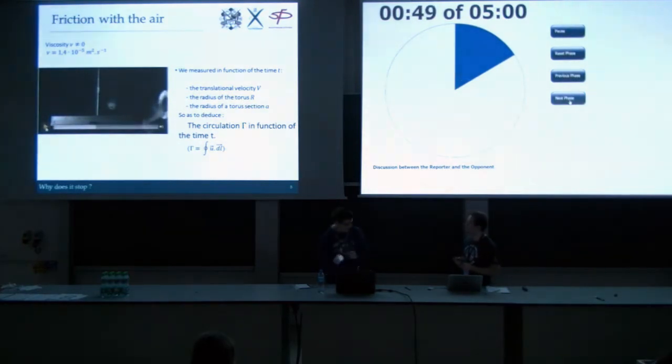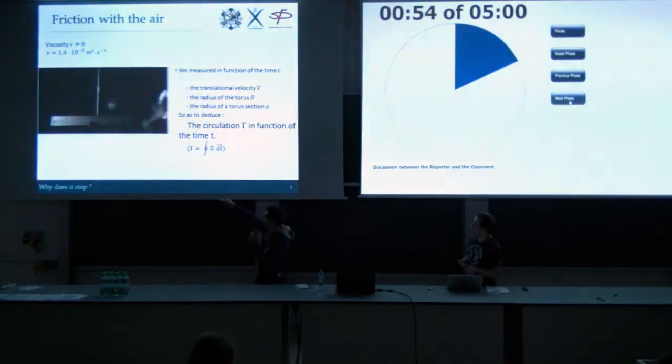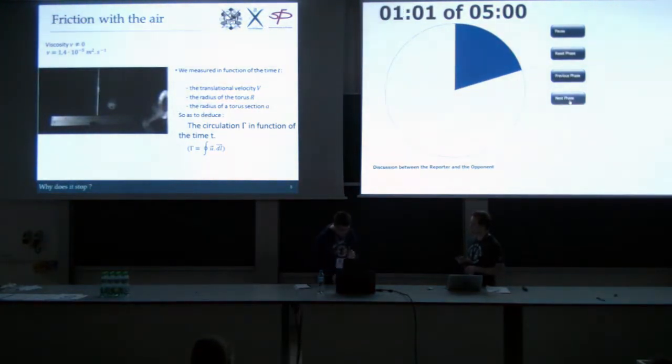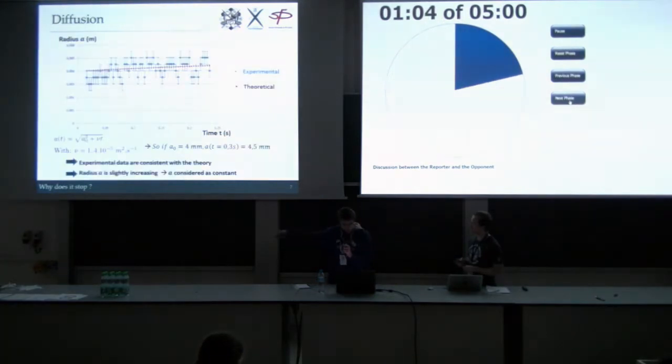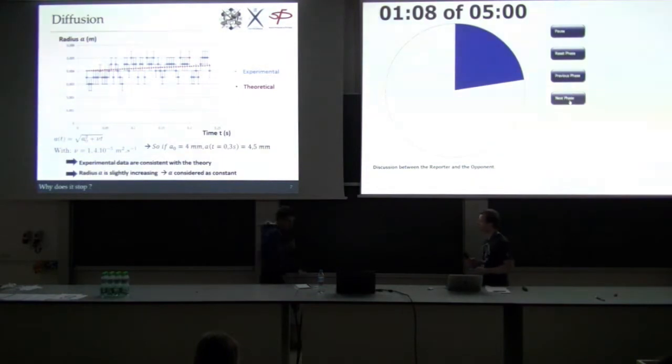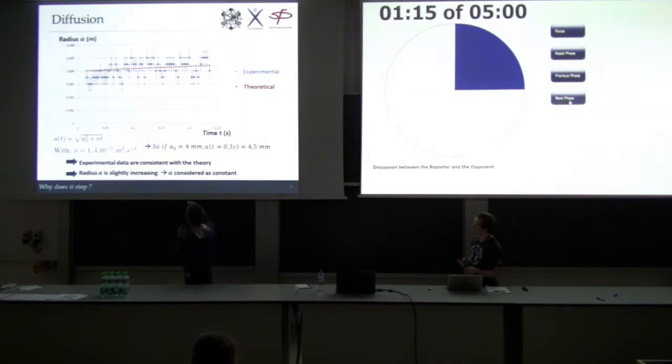Concerning the little radius, I measured it thanks to software called ImageJ. I admit it is not very precise, but I put the error bars in consequence, and we can also compare with the theoretical explanation. If the initial radius is 4 millimeters, after 0.3 cm, we have 4.5 millimeters.